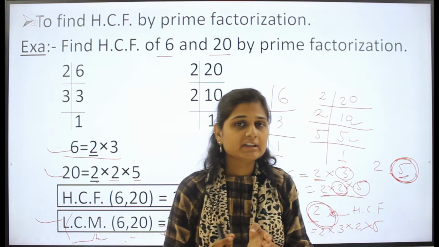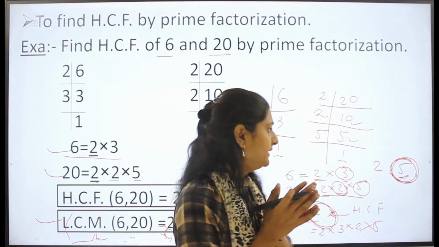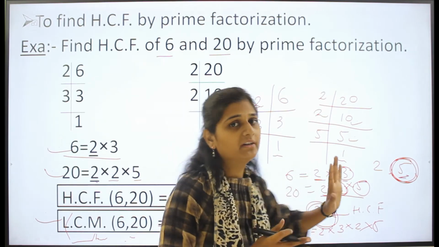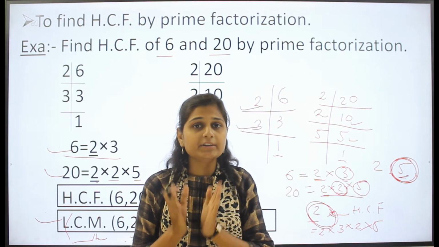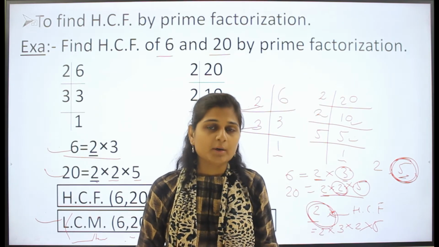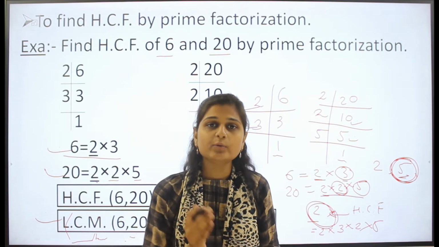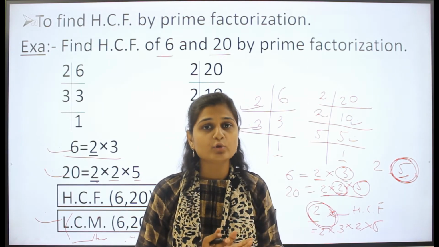Here the difference is that in HCF we are only taking the common value, but if you want to find the LCM directly by the prime factorization method, you take the common value, and the values which are coming only one time, those you also have to include.